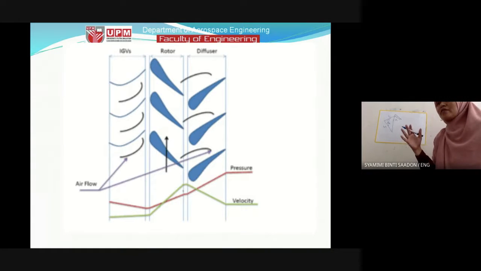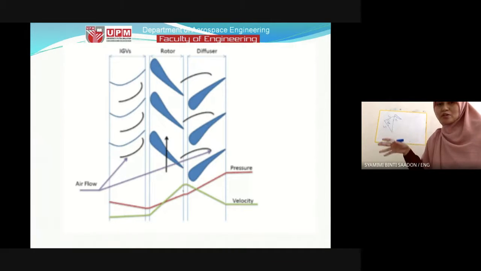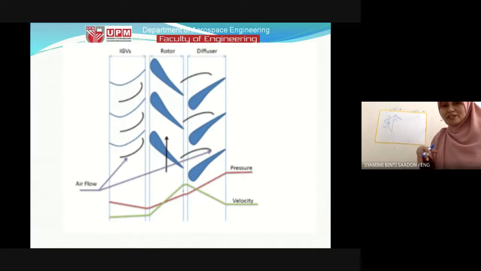Each stage of compressor consists of a rotor and stator. For compressor, we start with rotor first. For turbine, it is the opposite, we start with stator first. For compressor, rotor, stator, rotor, stator, depending on how many stages we have. So in this exercise, we consider only one stage.